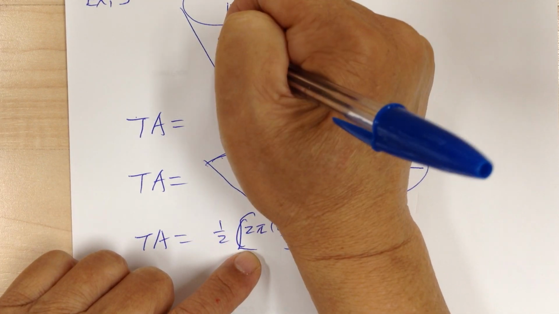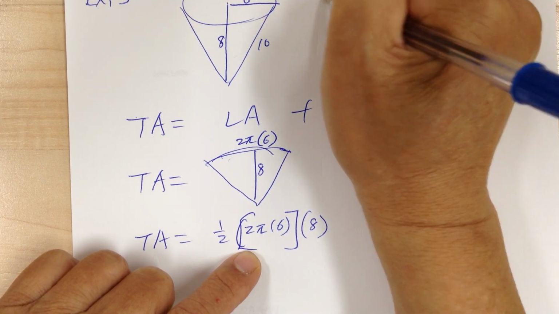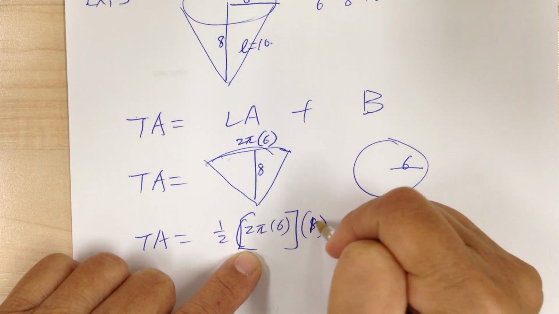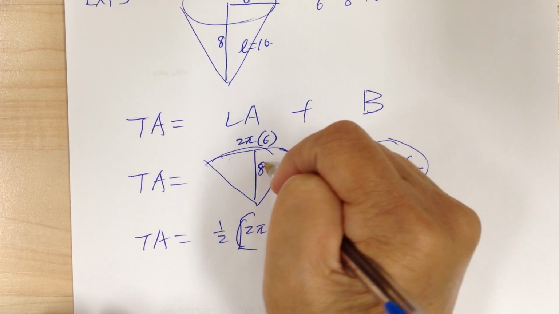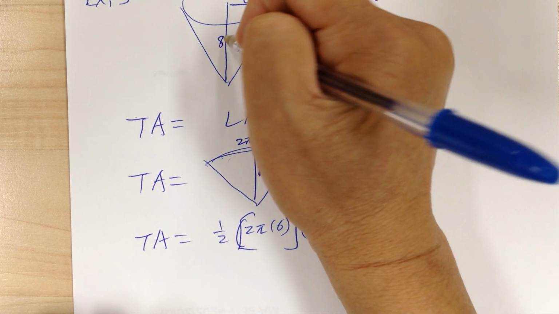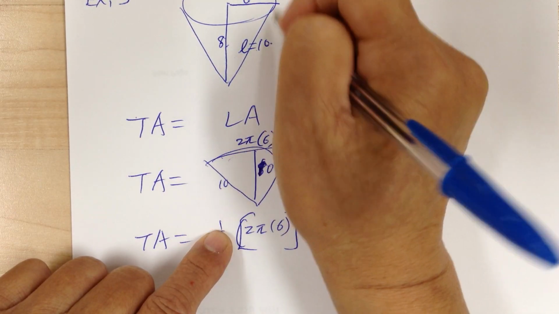So this is 6, 8, so this will be 10. Remember the triangle 3, 4, 5, double that would be 6, 8, 10, so L equals 10. The height is the 8, but when you open it up, this would be the 10.